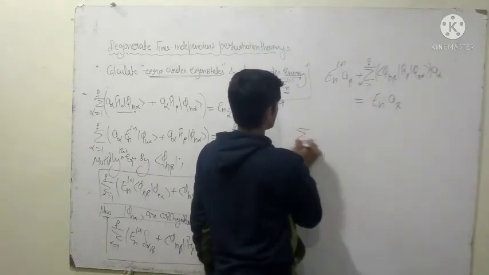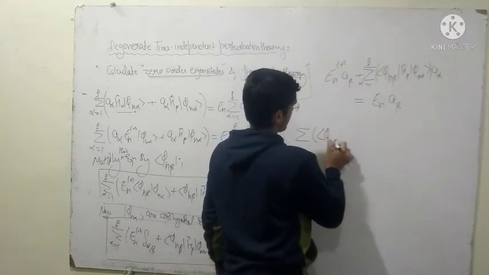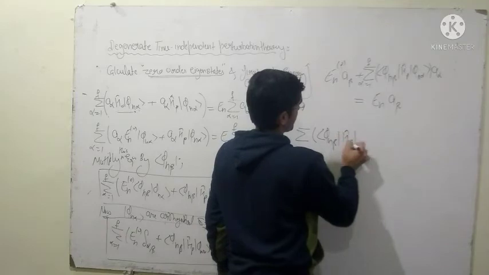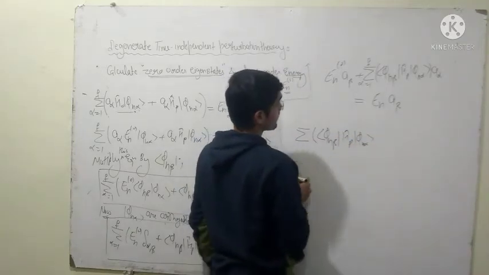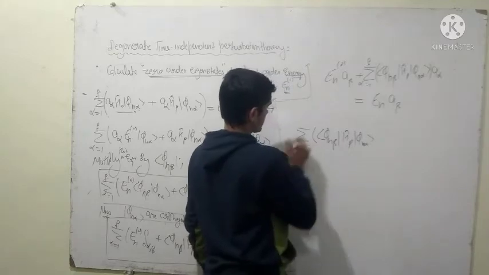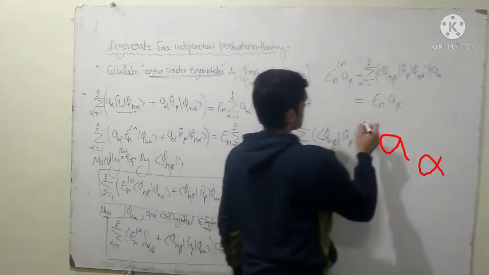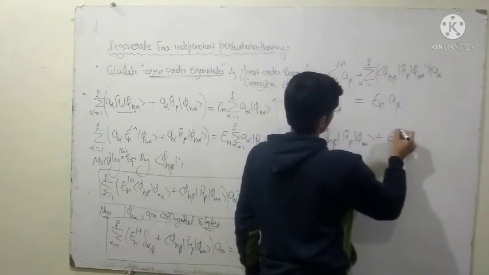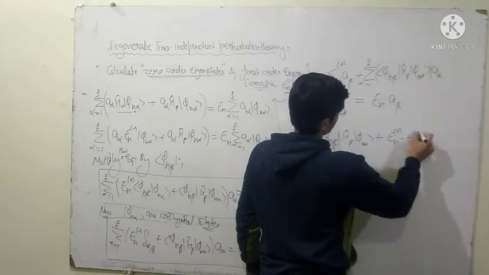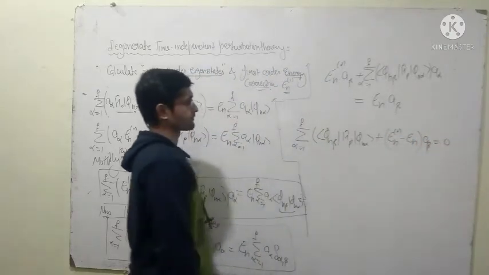So it will be the sum over phi n beta H p phi n alpha, from alpha 1 to f, plus E n naught minus E n into a beta is equal to 0.